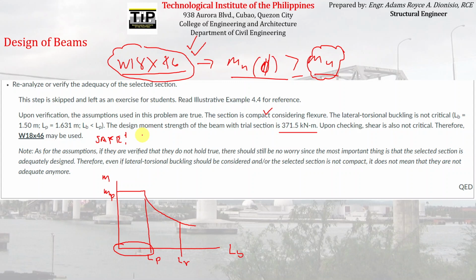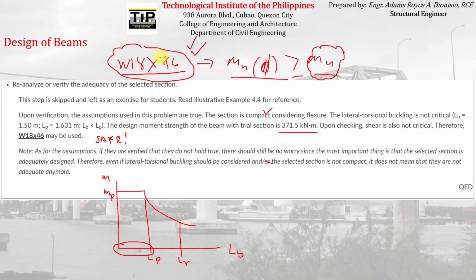The design is actually based on the designer. The only basis there is, as long as the design results in a safe design, meaning if you check the induced stresses or the deflection from the design that you have chosen, and they result in safe magnitudes of stresses as well as deflection, then we can still accept your design.